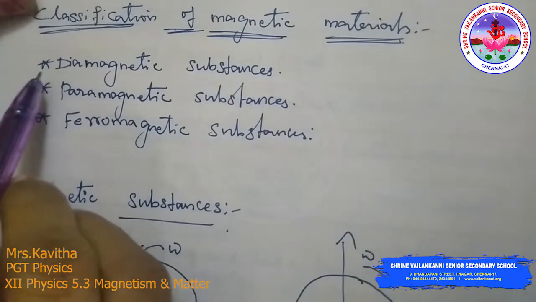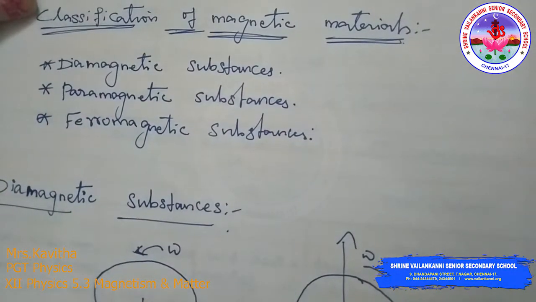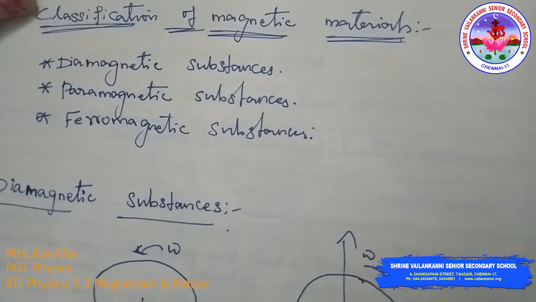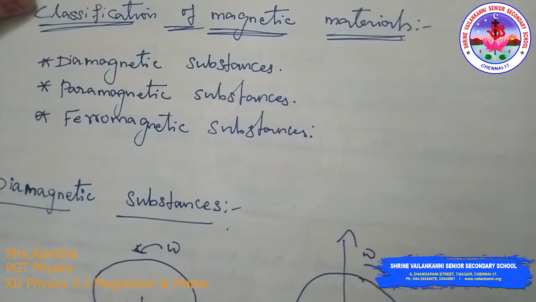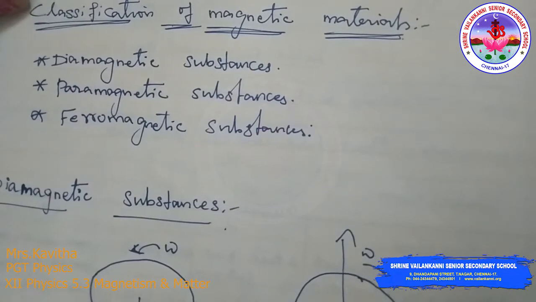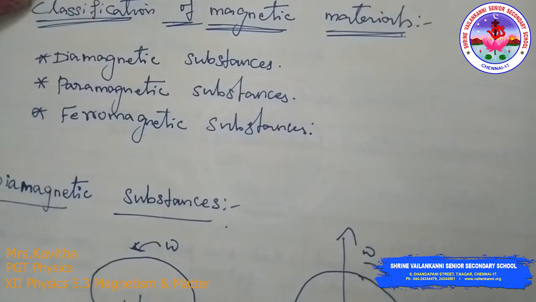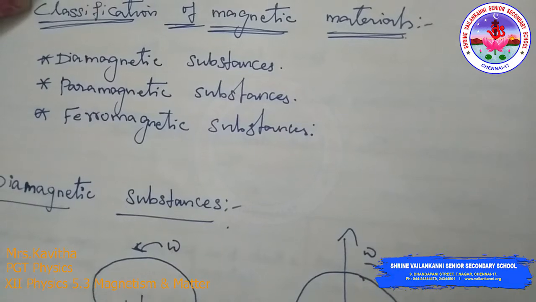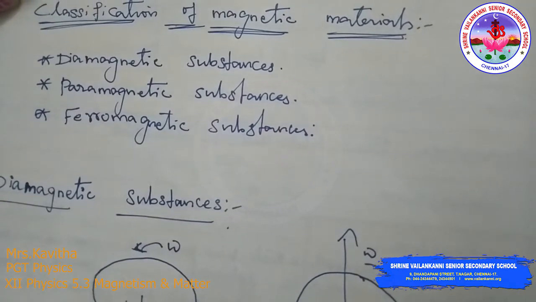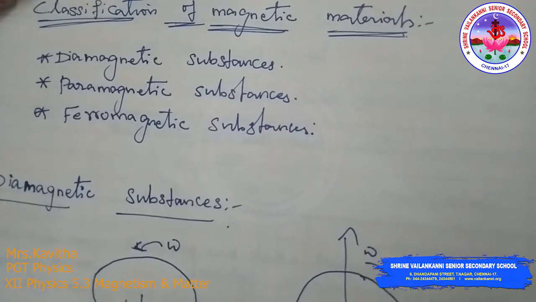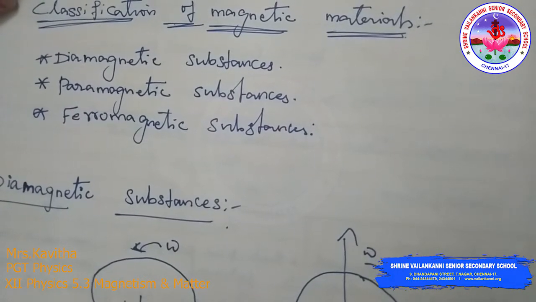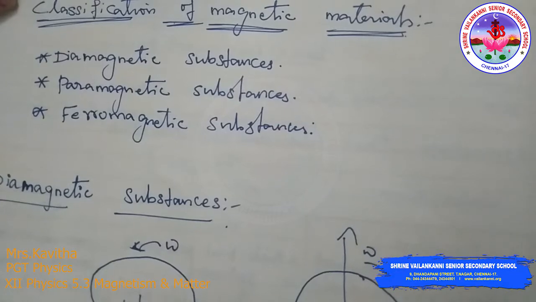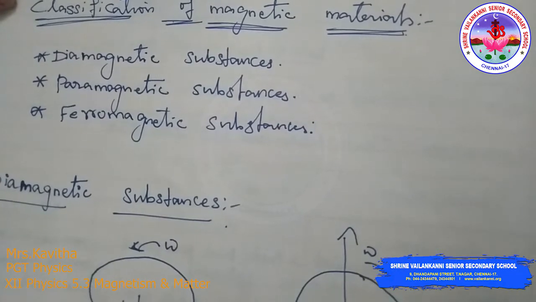Diamagnetic substances develop feeble magnetization in the opposite direction of the magnetizing field. Paramagnetic substances develop feeble magnetization in the direction of the magnetizing field. And ferromagnetic substances develop strong magnetization in the direction of the magnetizing field. We can see that in an elaborated way.